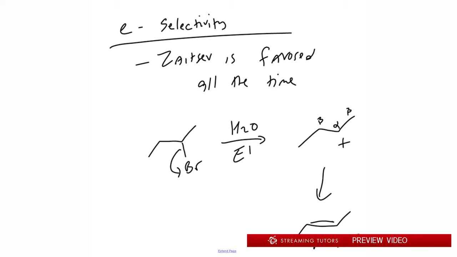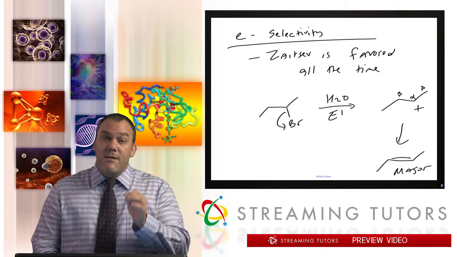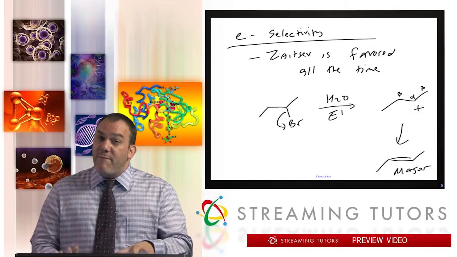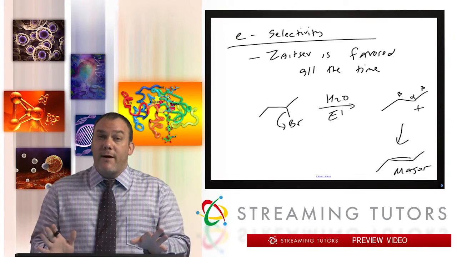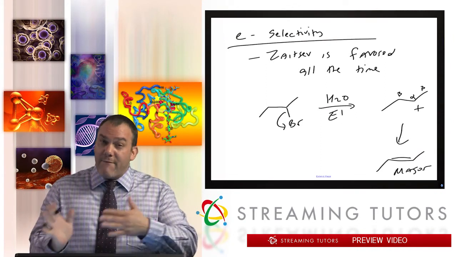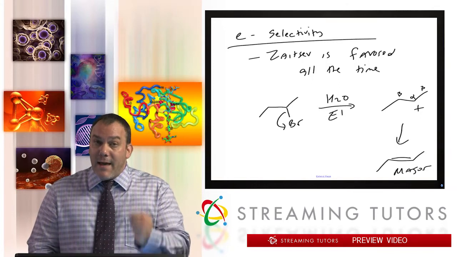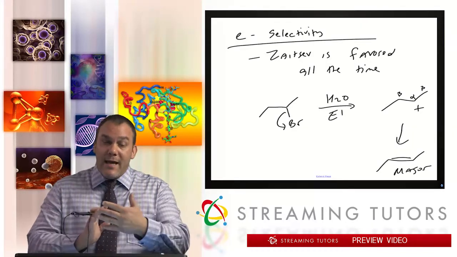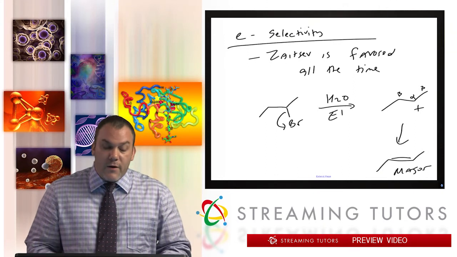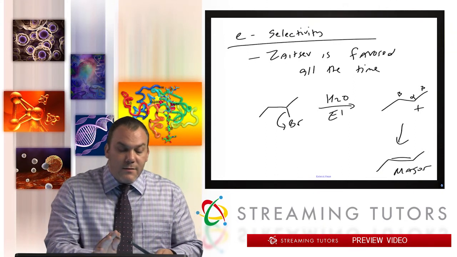We don't pull from the 3H position. Is it a possible product? Yes. The reason why I emphasize that is because sometimes they actually ask that on the exam. They say, what's all the products? So all the products would be every beta location, but the major product is what I'm showing you here. Always trans and Zaitsev location. Okay. Finally, the stereochem. F, stereochem.